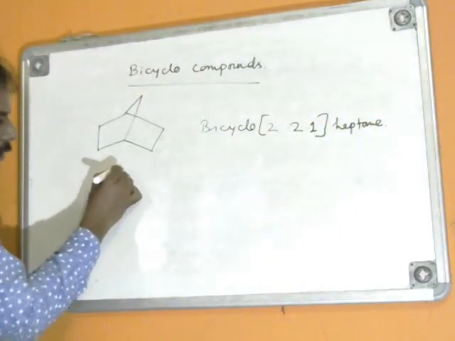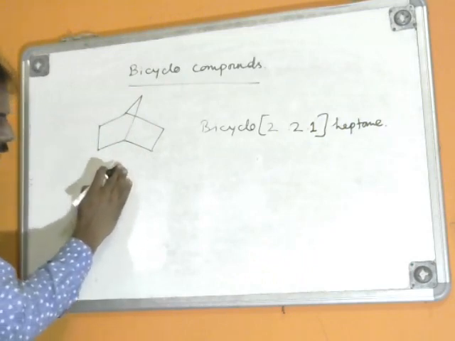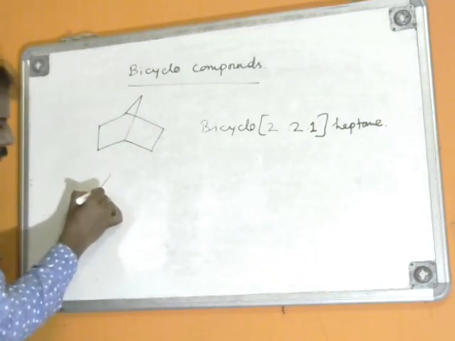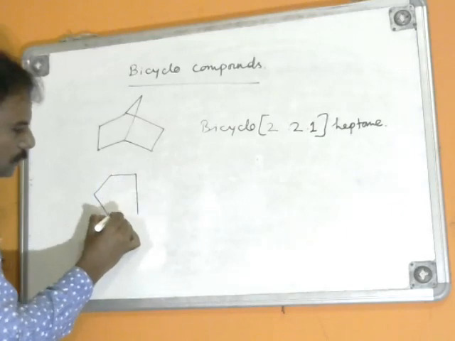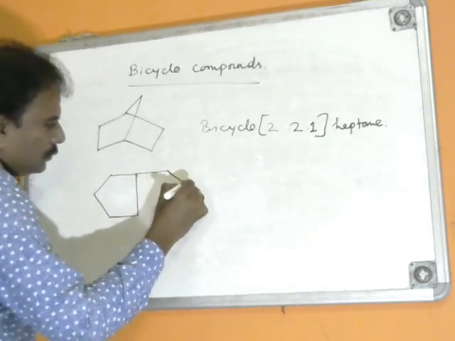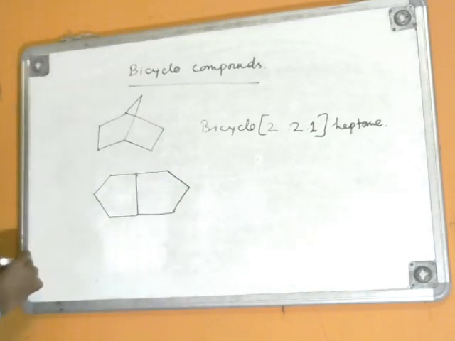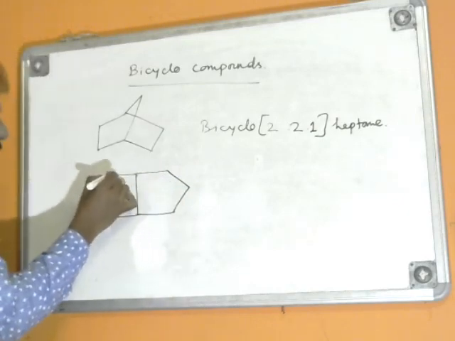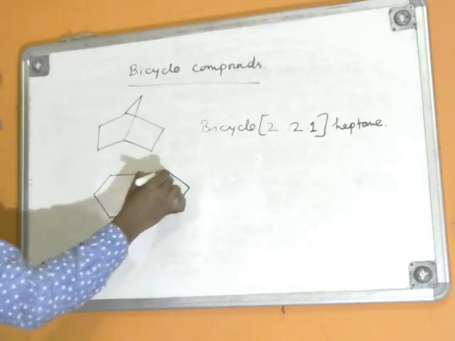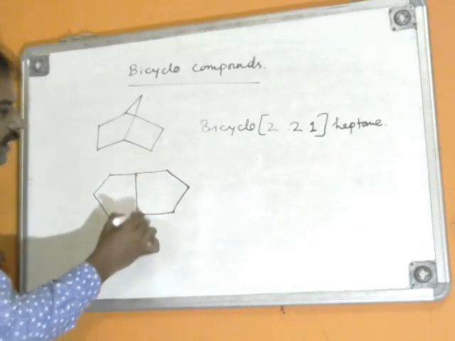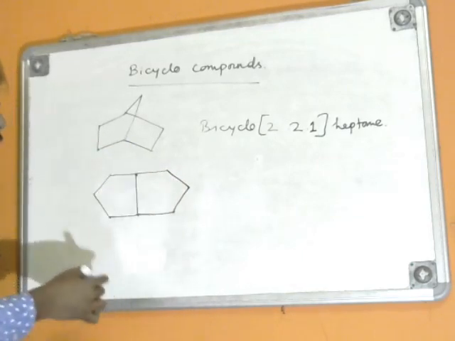Similarly, I am taking another example. Okay, so here this is a bridge with 3 carbons. This is also a bridge with 3 carbons, but that bridge has no carbon.